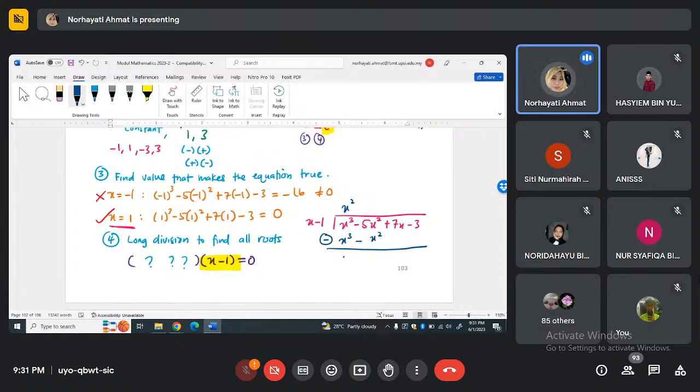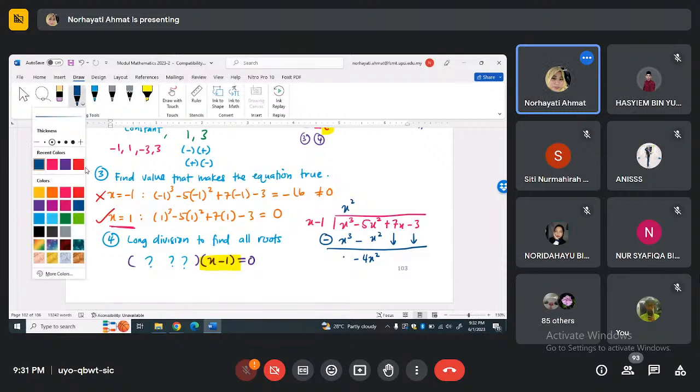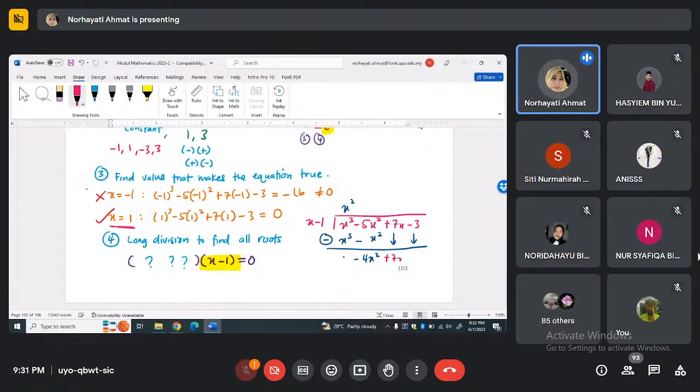Negative 5x square minus negative x square, so negative 5 plus 1 is negative 4x square. Then bring down the next terms, so kita akan ada plus 7x minus 3.